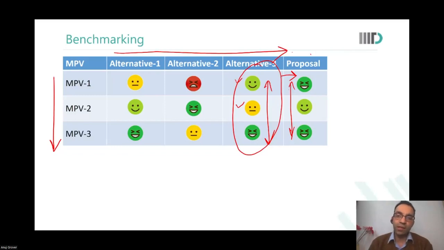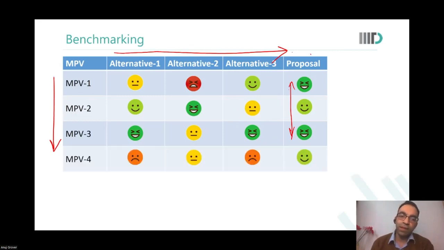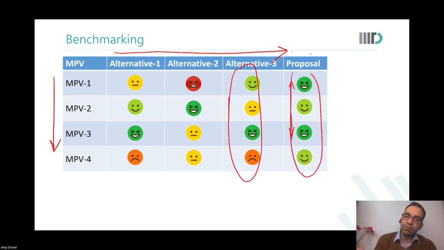However, if you are a startup, then the game changes. Then this alternative 3 is your biggest competitor. So you take an extra step. You say that, okay, let me define another main parameter of value, MPV4, where even alternative 3 would falter and our solution would stand out.